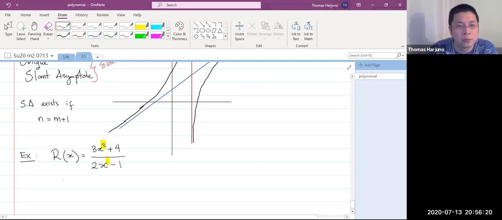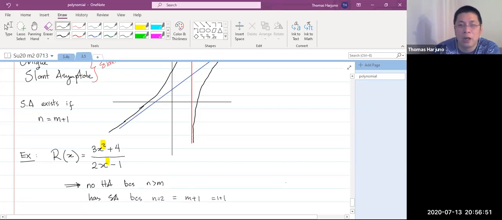Then no horizontal asymptote, because the degree on the top is more than the degree at the bottom. But we have a slant asymptote because the degree on the top, which is 2, is one more than the degree at the bottom, which is 1, plus 1.